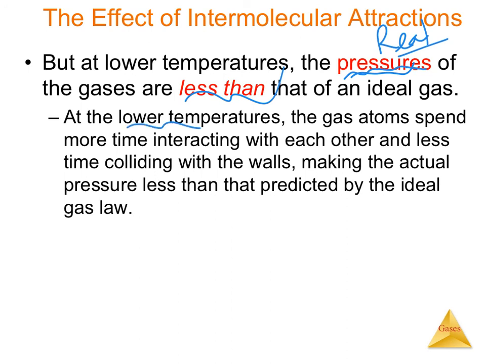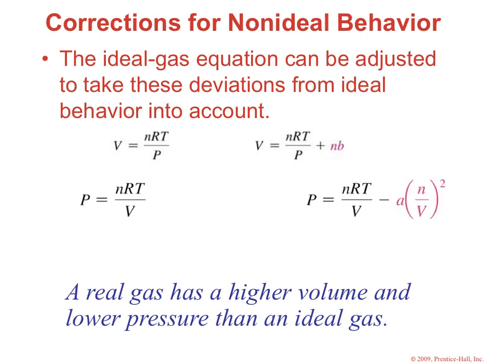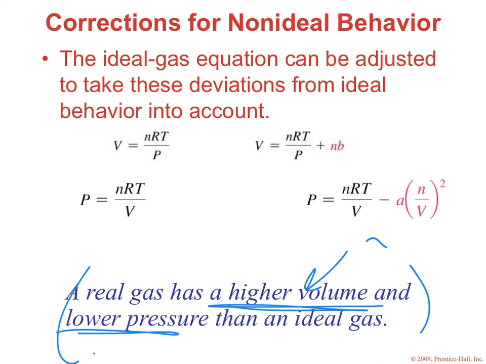So if you think about the conditions that favor non-ideal gases, low temperatures, the gases are going to start to condense. There are going to be less collisions against the wall, and that's why the pressure is lower. Okay, and so to conclude, a real gas will tend to have higher volume. Remember, I just said ideal gases, we almost assume their volume is about 0. But if it's a real gas, gas molecules take up volume, and they're going to end up having lower pressure for the reason I just mentioned.